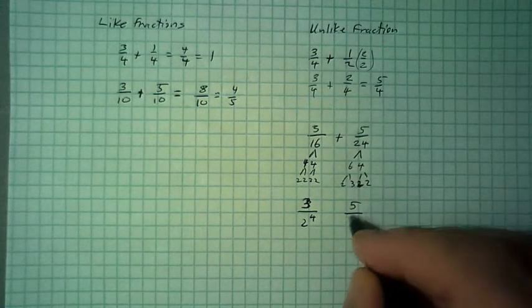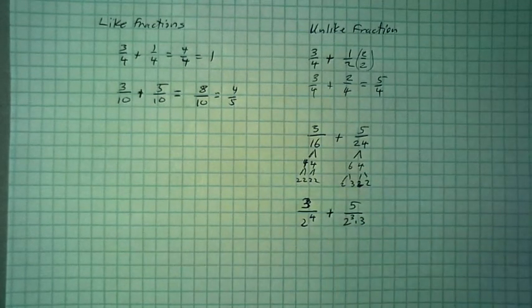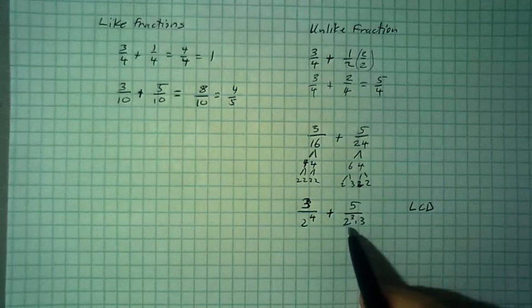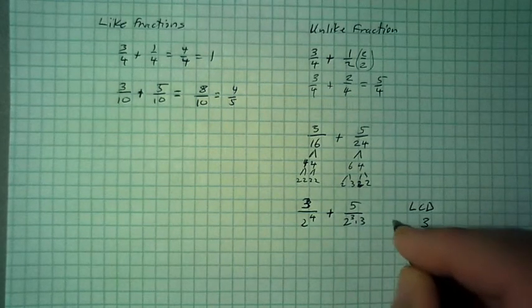So this one is 2 cubed times 3. Now, once you have factored form and you're trying to build a least common denominator, basic rule is everything that's represented in one of your fractions needs to be in your least common denominator. So the LCD I'm looking for has this 3, and it has these 2's.